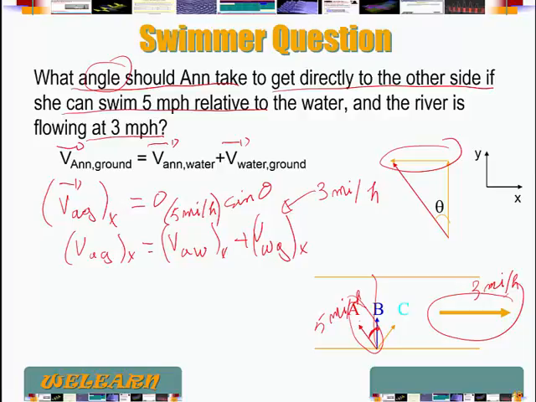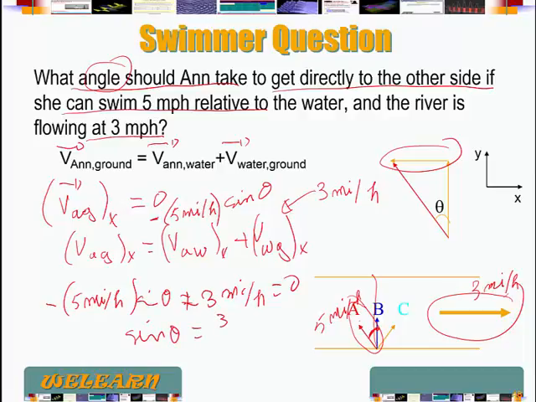And you notice here the negative direction, of course. So we have minus 5 miles per hour sine of theta plus 3 miles per hour is equal to 0. Or sine of theta is equal to 3/5. And you just do the inverse sine, which should give us 36.8 degrees.